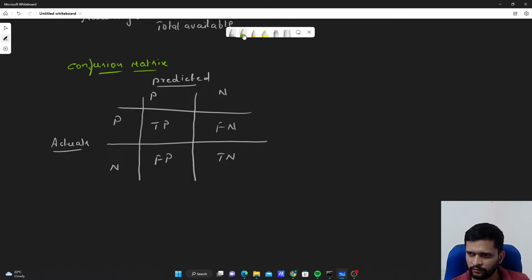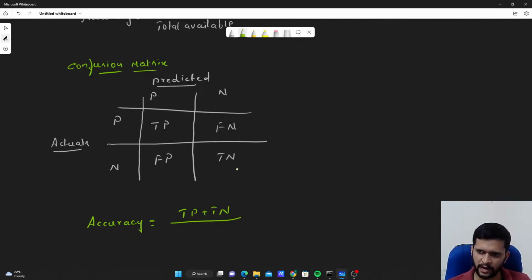Now we can calculate accuracy using this confusion matrix like this. Accuracy is equal to true positives plus true negatives, right? These are the actually correctly classified data points, divided by all the available data points, that is TP plus FN plus FP plus TN, right?